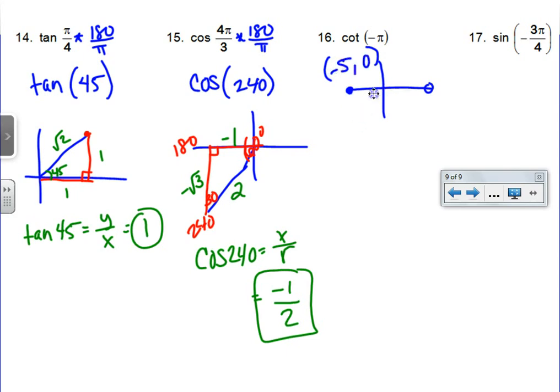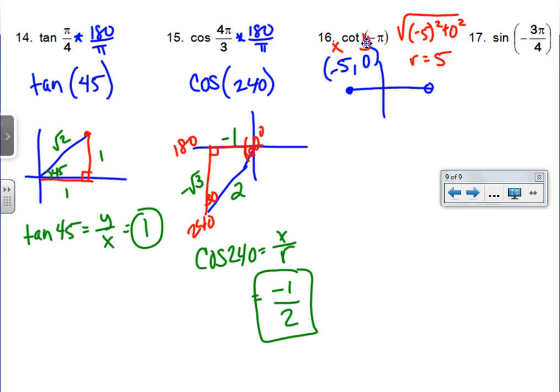Okay, because it's left. So if we want to call our x negative 5 and our y 0, you can do a quick calculation to figure out r. So a little Pythagorean theorem. What do you find for r? Do you get 5? I guess that makes sense since I traveled 5.